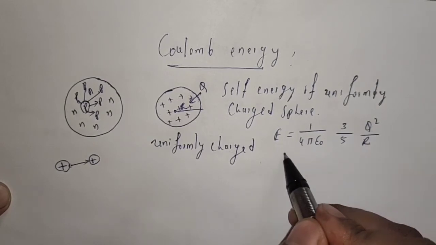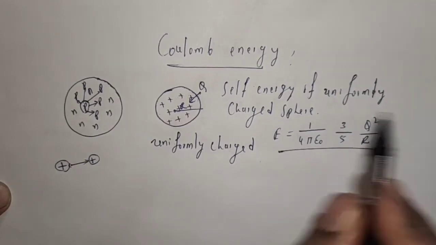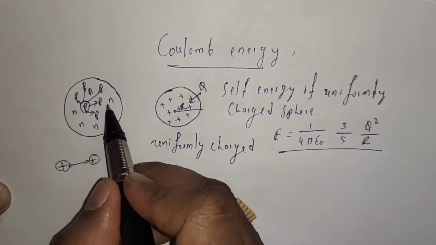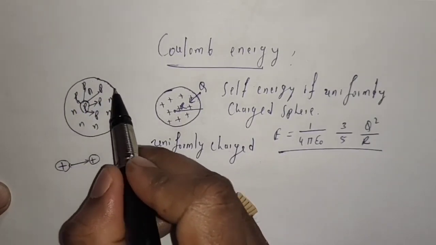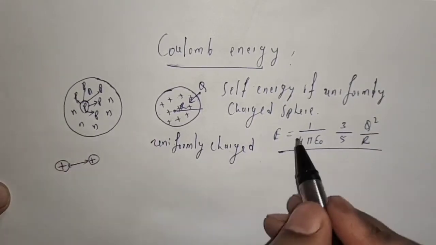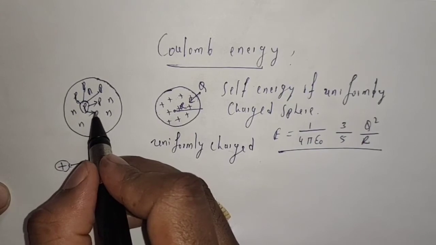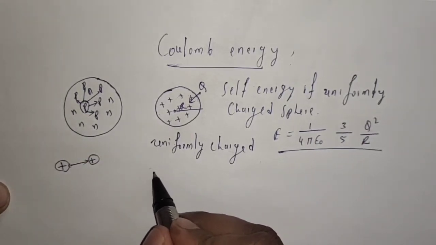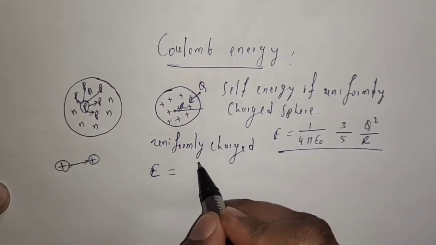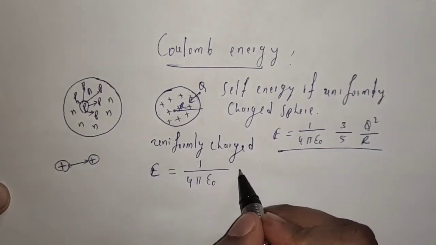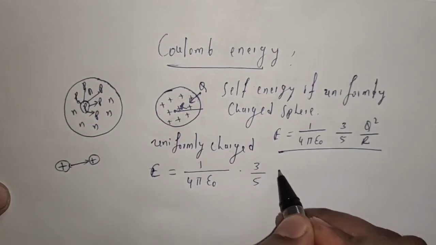We are going to use this equation, since the nucleus has protons which are uniformly distributed and positively charged. So we apply this equation to the nucleus: the self energy of the nucleus is given by E equals 1 by 4 pi epsilon naught into 3 by 5.